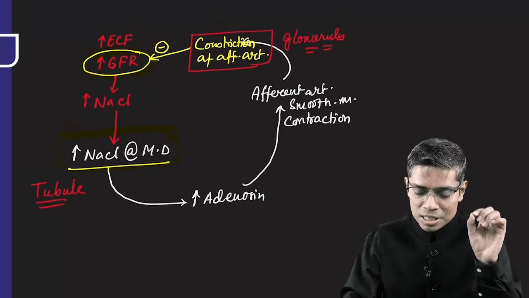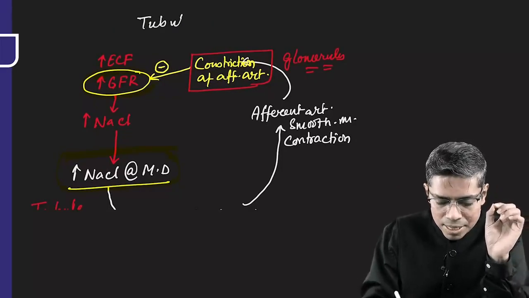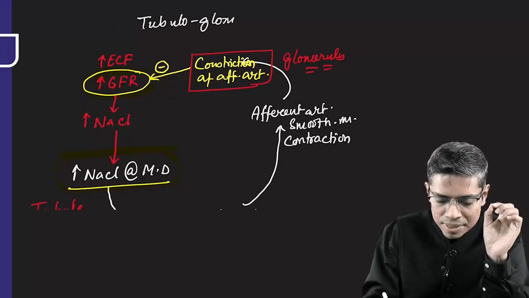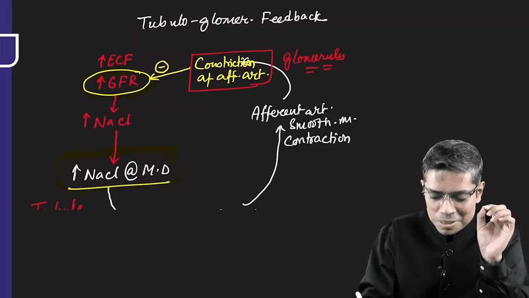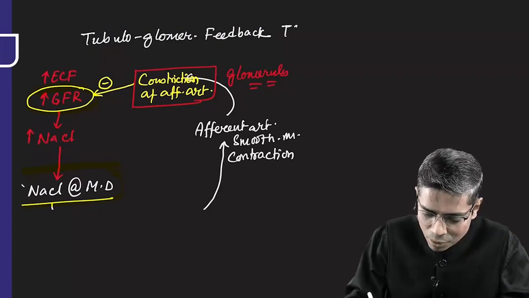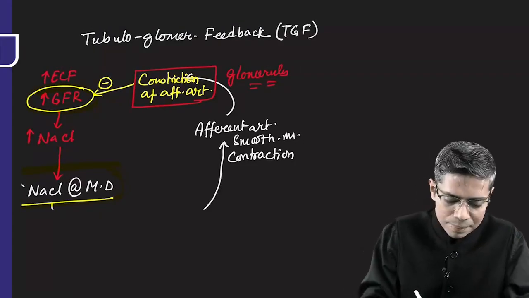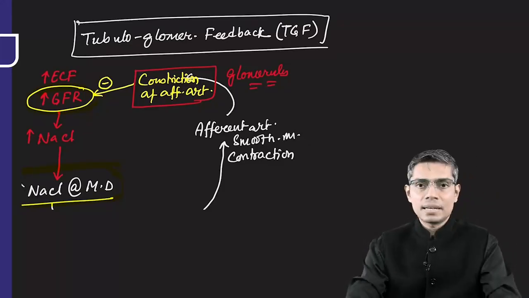That's why the name of this feedback mechanism is tubuloglomerular feedback mechanism. So this is the very famous tubuloglomerular feedback mechanism, or TGF mechanism, that we have discussed in the previous class, that this is a mechanism of auto-regulation of GFR.